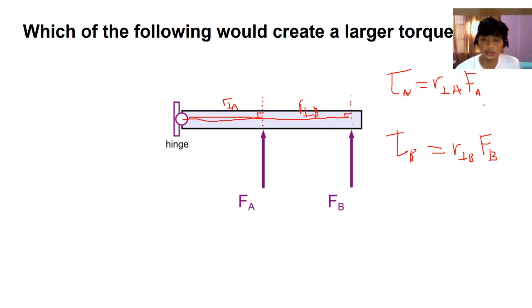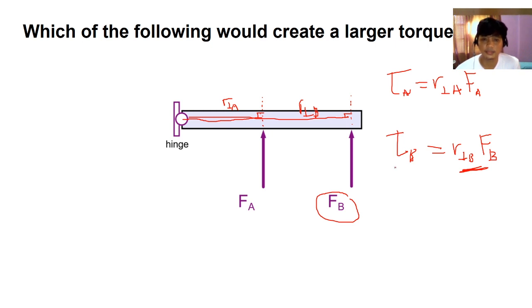Apparently, they have the same forces because the length of the arms are the same, but they differ in the moment arm. Which moment arm is bigger? R perpendicular B is bigger. It has a bigger moment arm. Therefore, force B creates the larger torque.